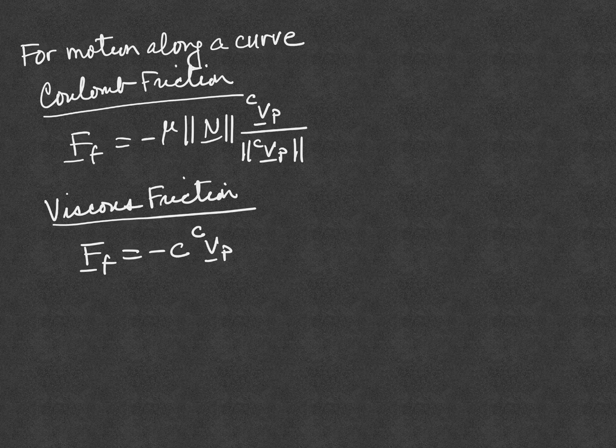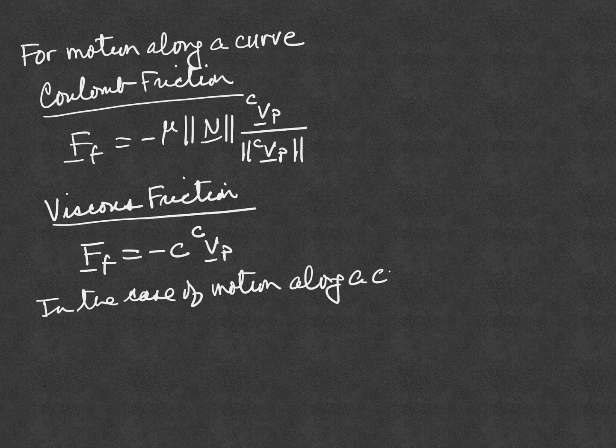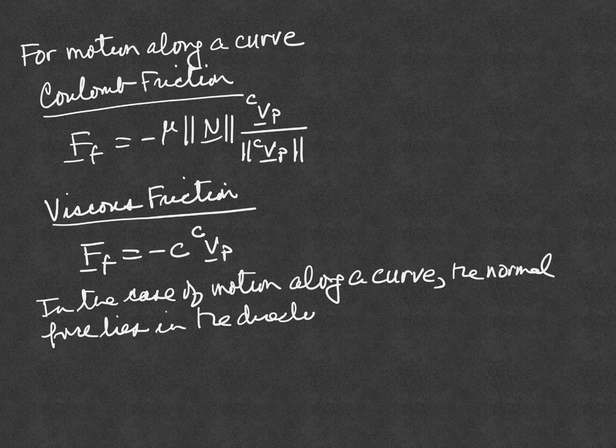So that's actually not any different really from what we had before, but the normal force changes, and this is what's important. So again, for motion along a curve, in the case of a curve, the normal force lies in the directions E_N and E_B.